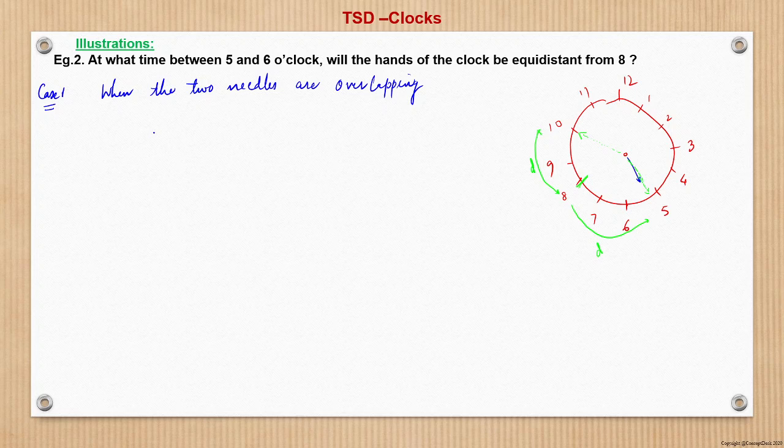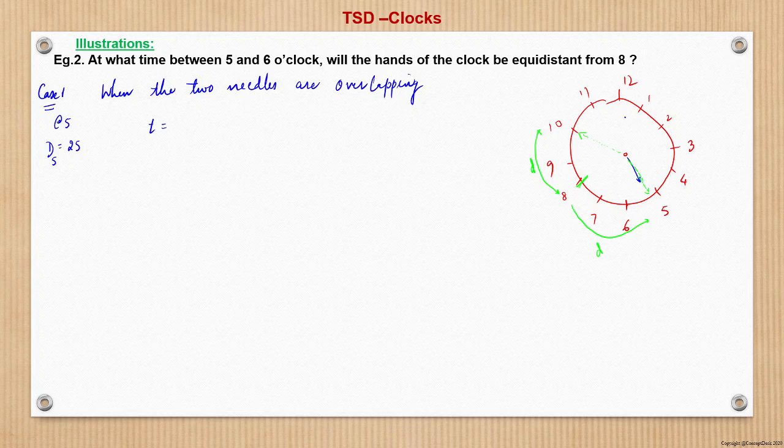This is pretty simple. Here what we will do, that time is given by, because at 5 o'clock what is the position? At 5 o'clock the distance between the two, let it be say capital D, at 5 is 25, right?